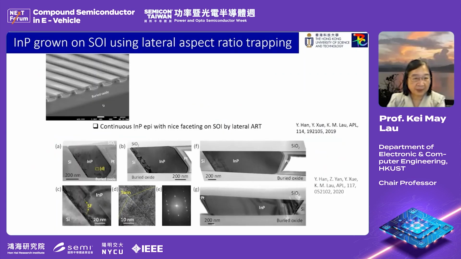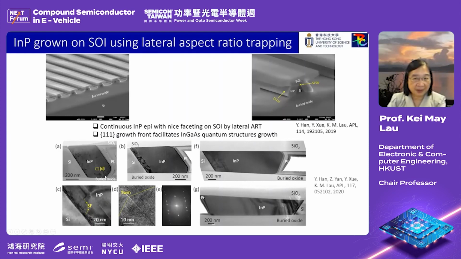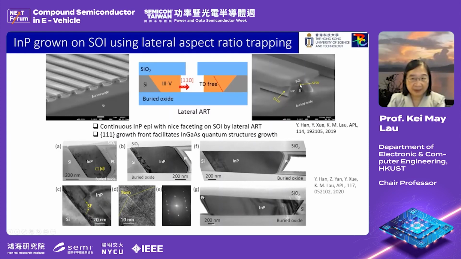This is the continuous indium phosphide epi that can grow laterally in this direction. The defect is trapped at the interface, so the lateral ART can grow continuously in the lateral direction.